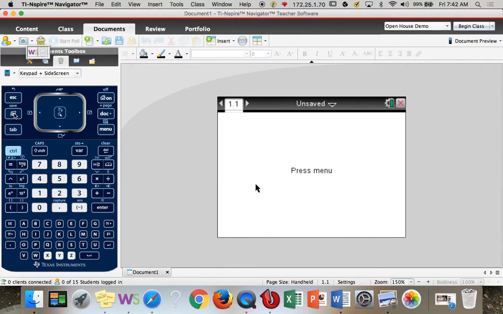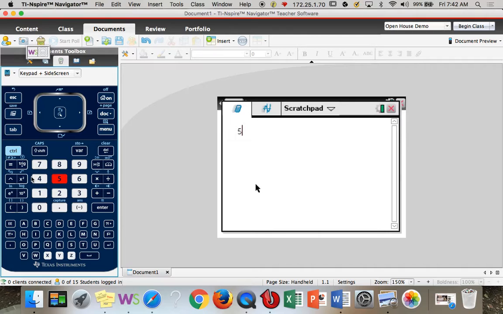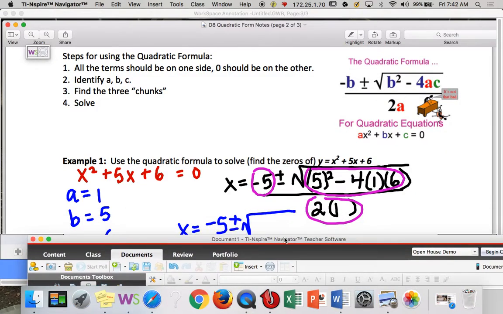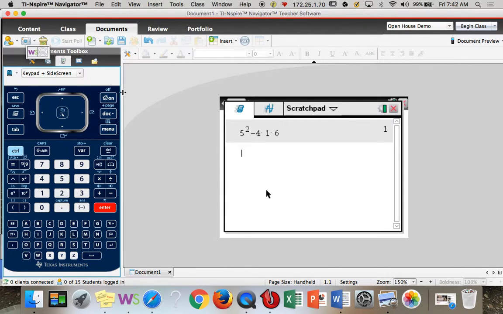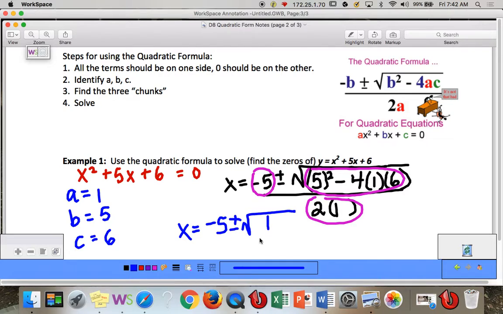Okay, so when you type that in, we'll type in the 5 squared minus the 4 parentheses the 1, the parentheses the 6. So just type it in just like we wrote it down. And we get a 1, because it's 25 minus 24, 1, all over 2 times 1, which is 2. So you will show your work by figuring out these 3 terms, those 3 numbers I want to see.